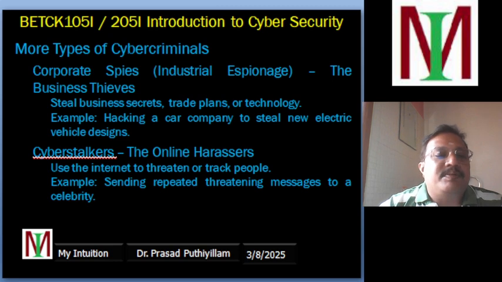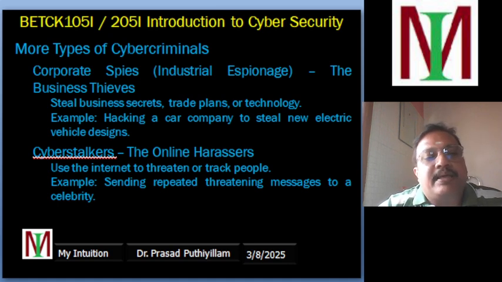They steal business secrets. They trade a company's plans to other companies, or hand over the technology used by a company to other companies, stealing information and giving it to others for income. For example, hacking a car company to steal a new electric vehicle design.